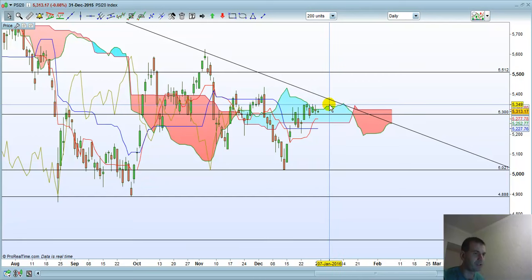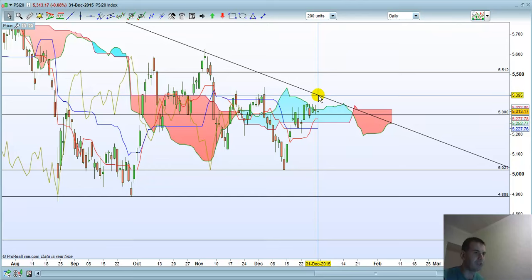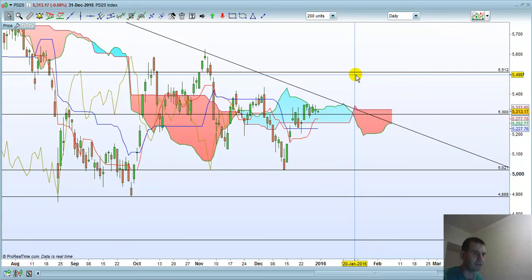So if the price continues to rise, the nearest profit goal is the upper border of the channel, and then this resistance level.